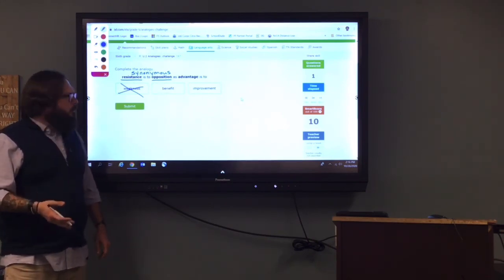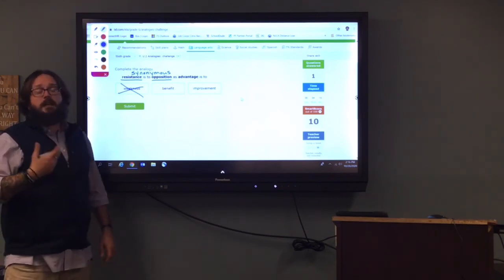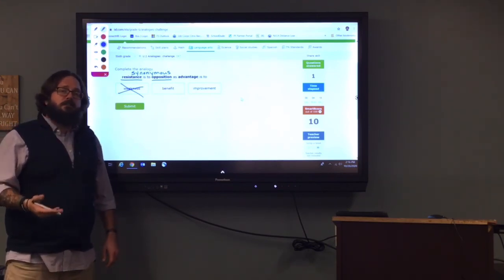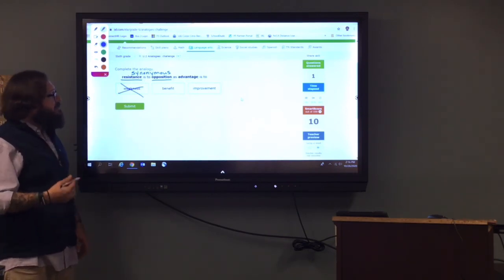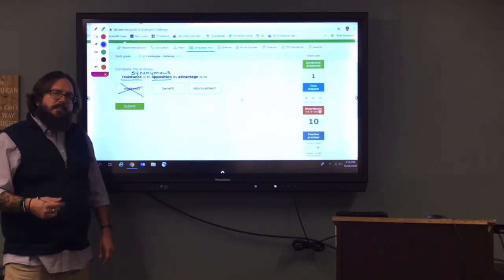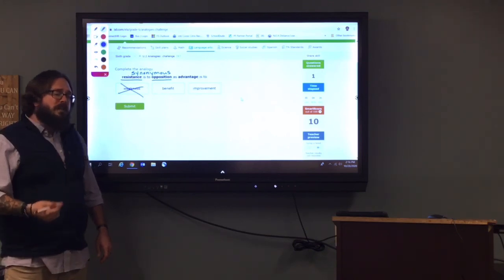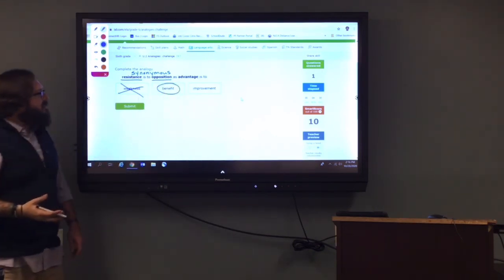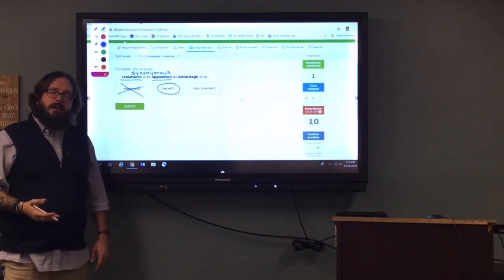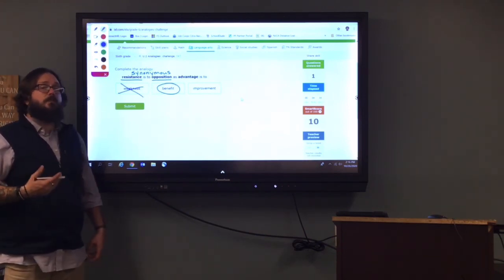Not necessarily, but I would argue that it's beneficial for that person. So in this case, advantage would be synonymous with benefit. So resistance is to opposition as advantage is to benefit.